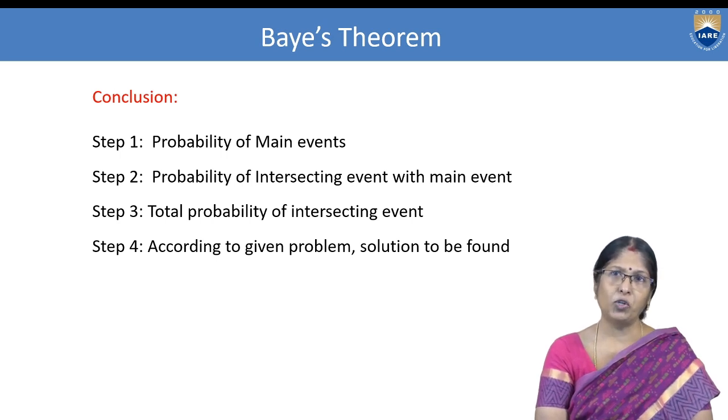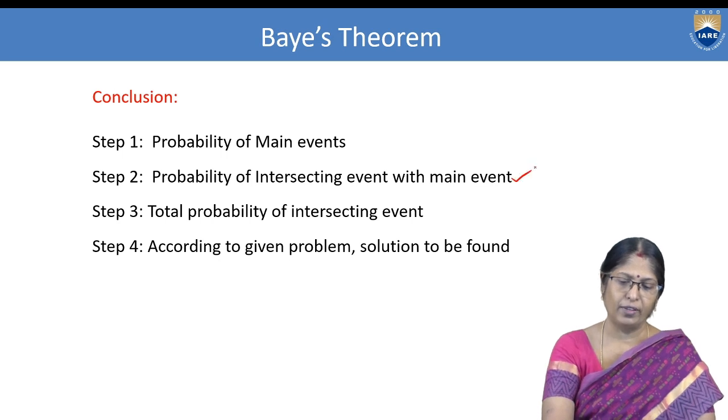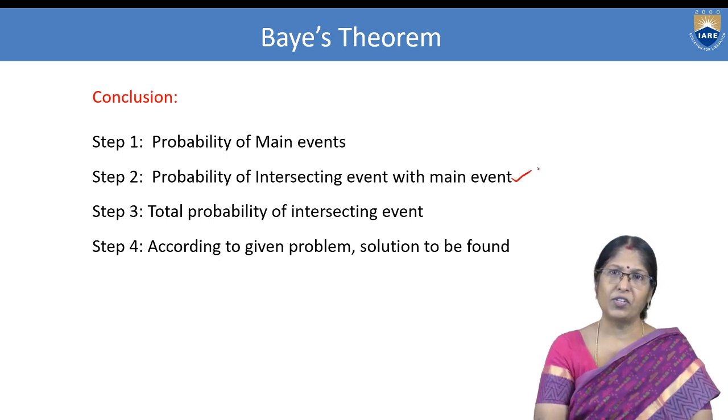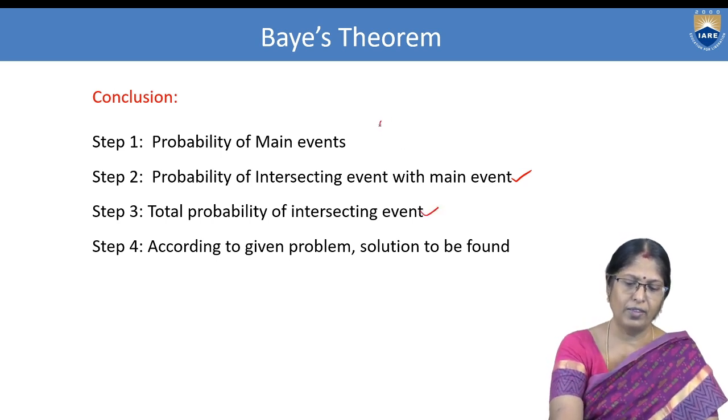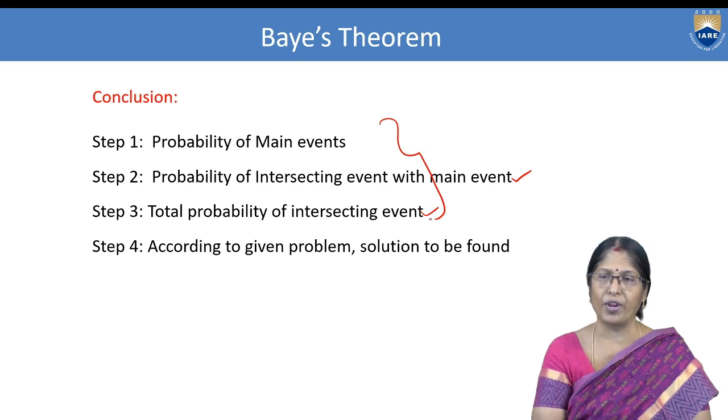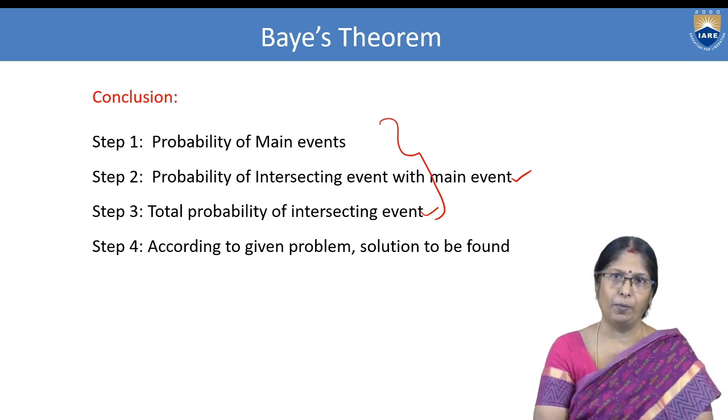And the next point, one event that compulsorily will intersect with our main events. That event we have to pick. We can give our own name. Then that probability we should find. That is step 2. Step 3, the intersecting event, the probability we will find. These 3 are common for every Bayes problem.